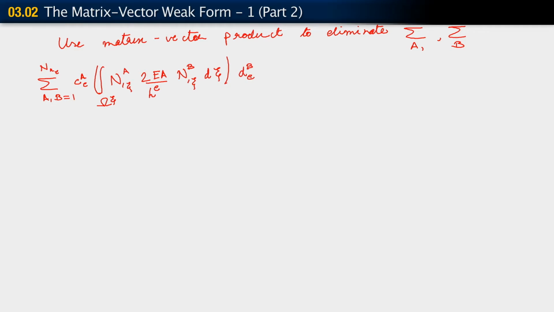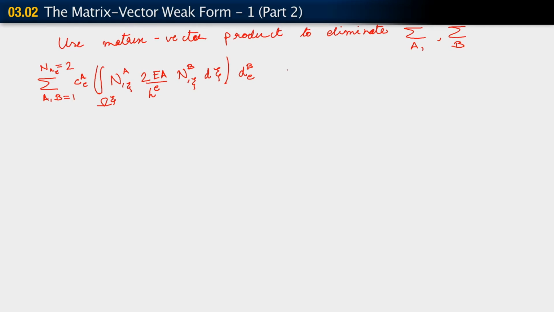All right, this is the one we want to work with. Now, recognizing that the number of nodes in the element is equal to 2, because we are working with linear basis functions, we do indeed have 2 of these basis functions in each general element, to represent both the weighting function and the trial solution.